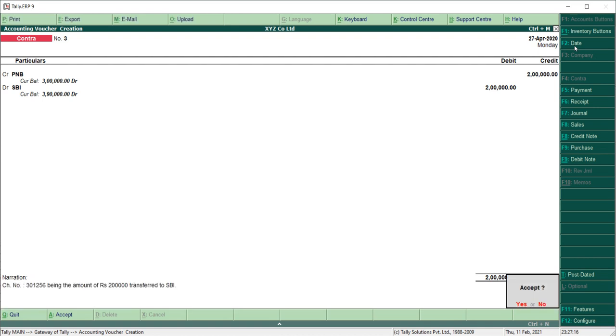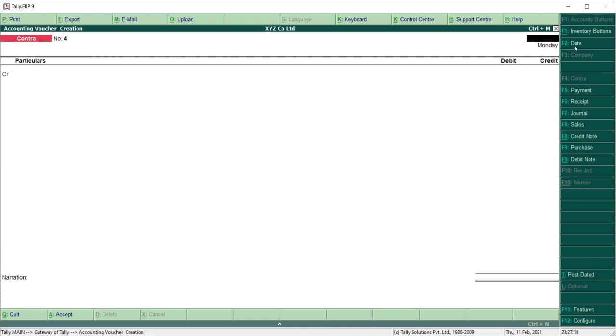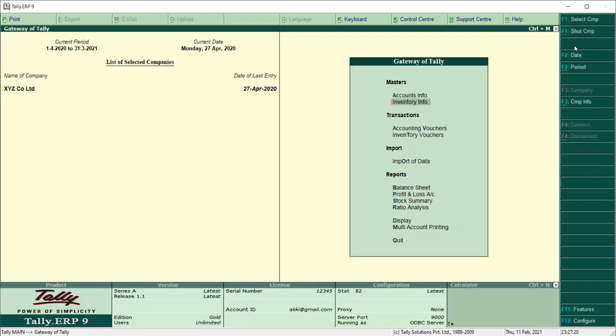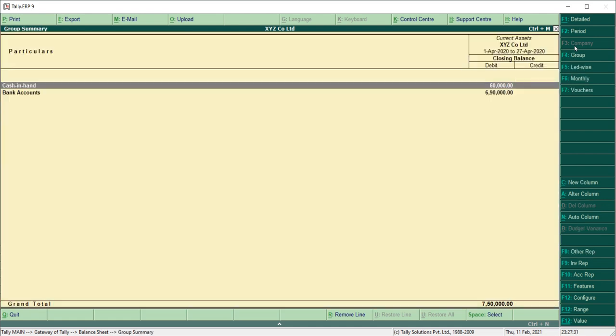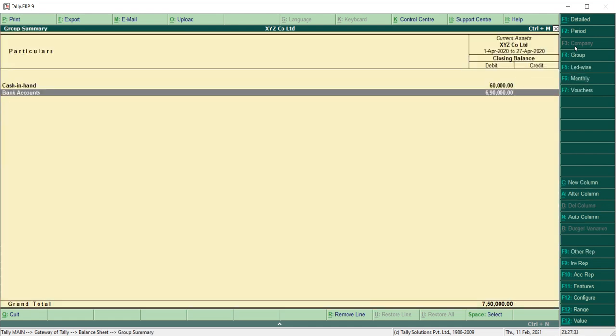Okay, now let's go back and check the balance sheet and see that the total amount is matching, 7,50,000. There are no changes in the total amount, only changes are happening within the bank and cash.